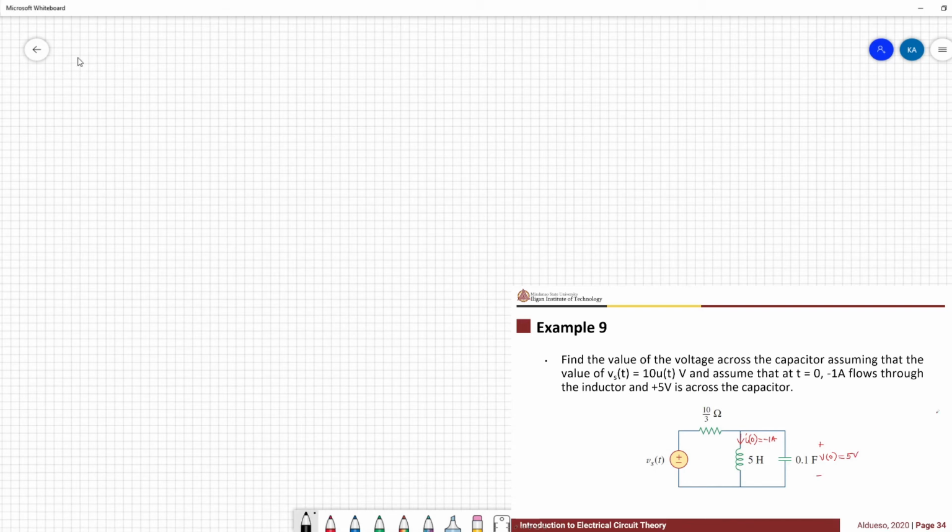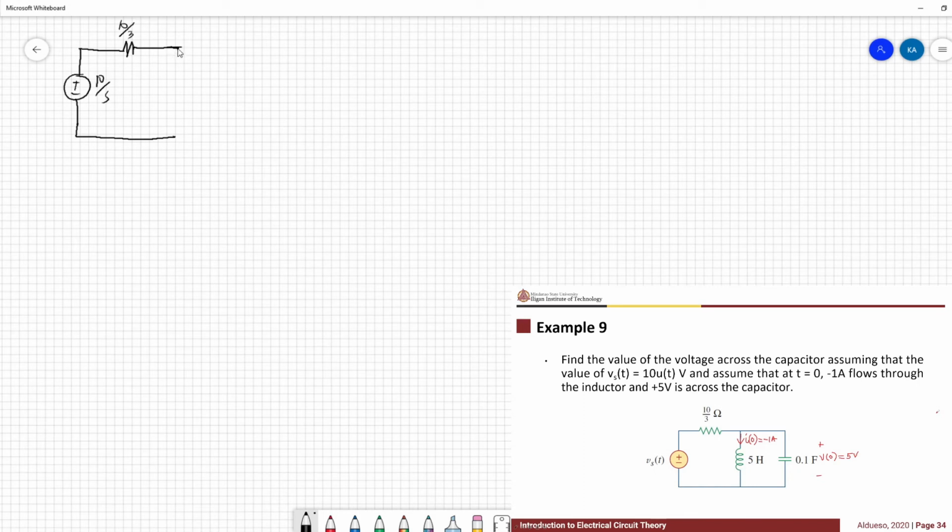So again, our first step is to convert the circuit into the frequency domain. We have a voltage source, the value of 10 over S, we have 10 over 3, and this time there are initial values, so we can choose either of the two configurations or equivalent circuits for the inductor and capacitor.